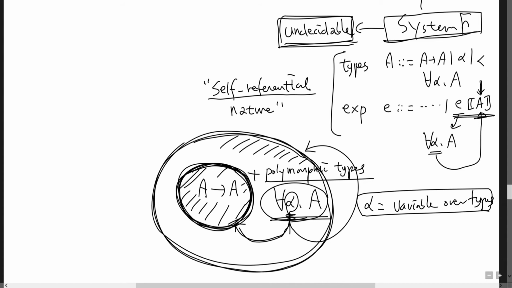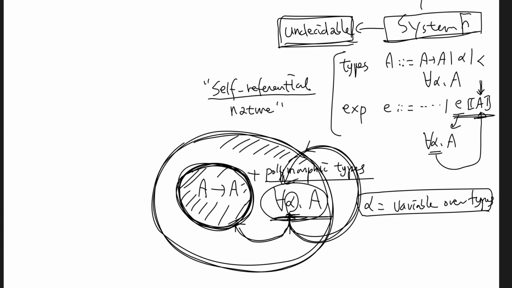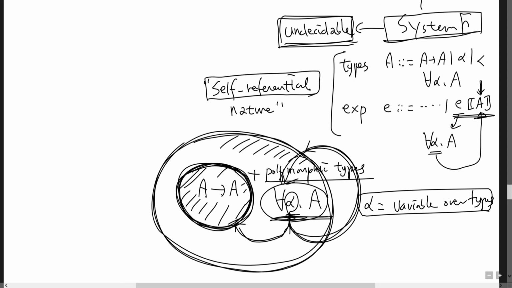So in some sense, this type variable is ranging over these polymorphic types themselves. This polymorphic type is ranging over itself, something like that. It turns out that this is the self-referential nature in the type system of system F, and this is the source of undecidability.